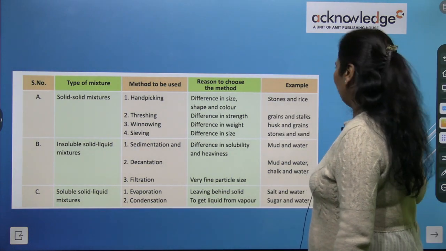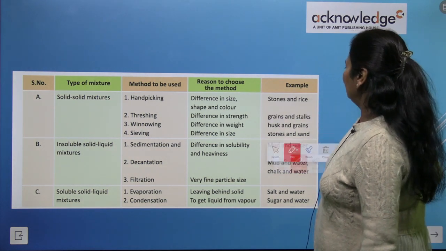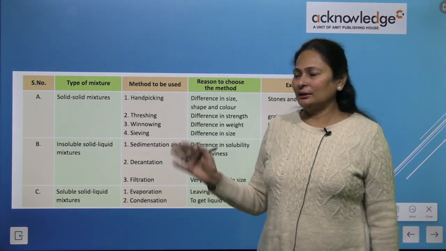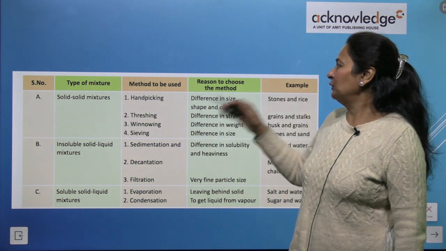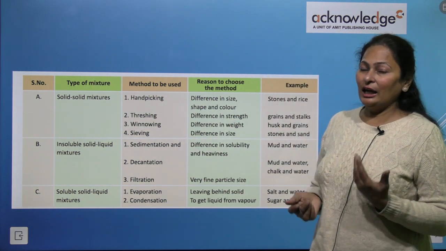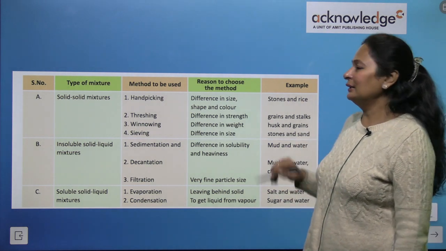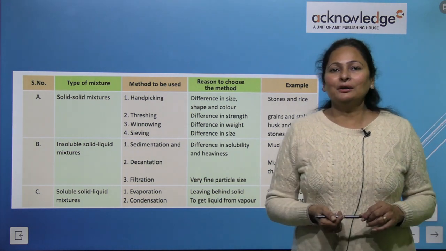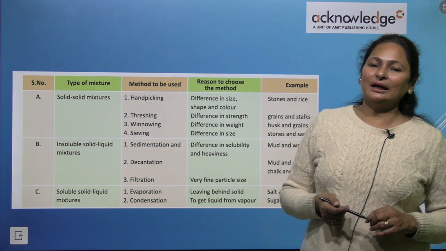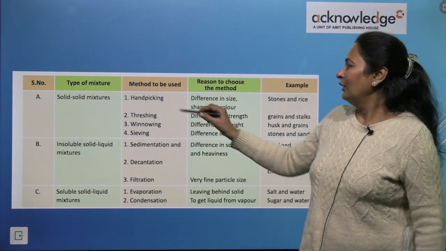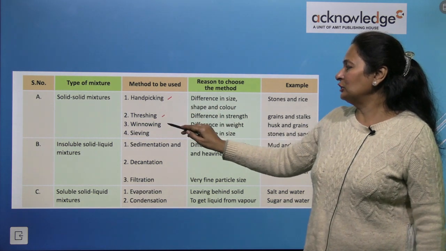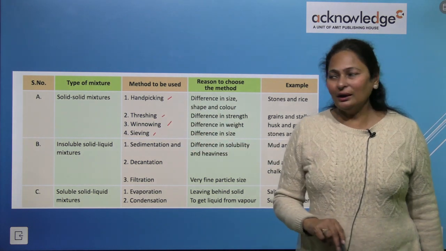Now this is the table. Just have a look at this table. This is the type of mixture, the method to be used, the reason why we have chosen this method, and examples of the substances that we can separate. For a solid and solid mixture, we can use hand picking, threshing, winnowing and sieving.